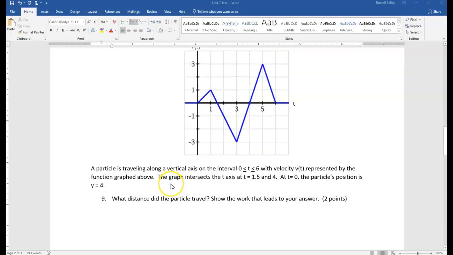Mr. Bailey? Yes. I have a question. My test question is a lot different than that. Your test? I'm sorry, you're kind of cutting in and out. What, your test was different? You said? Yeah. The particle on interval 0 to 8.